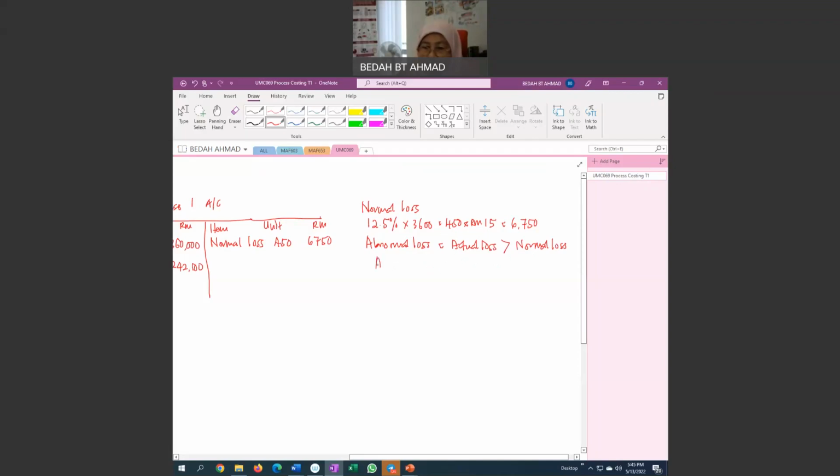So we need to find the actual loss. Actual loss is when the input unit is more than the output unit. Here the input unit is 3,600 and the output unit is 3,000.